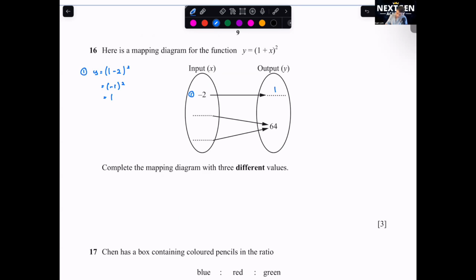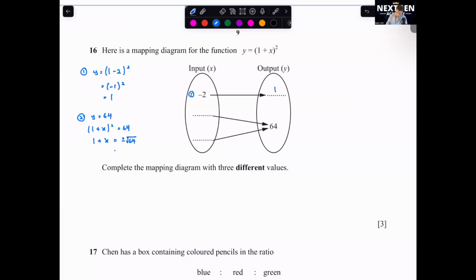Okay, the second one is when the output is 64. That means when y equals 64. So 1 plus x squared equals 64. How do we solve for this? When we have a square, we bring it over to the other side. It is not just the square root, it is plus minus square root.